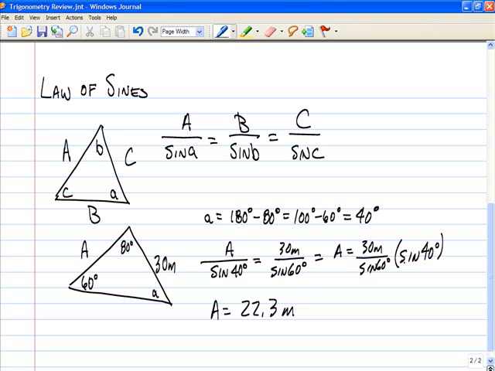Well, let's see. If we wanted to use the law of cosines, trying to think of one here that we've got.